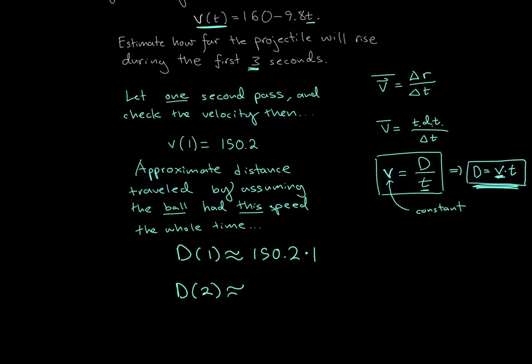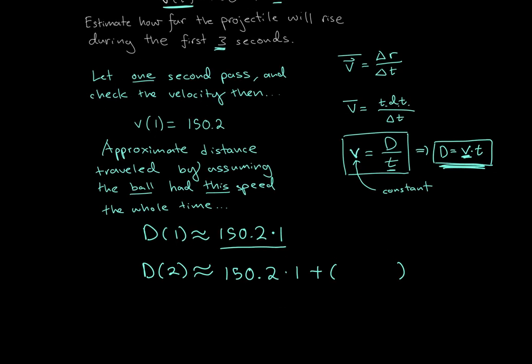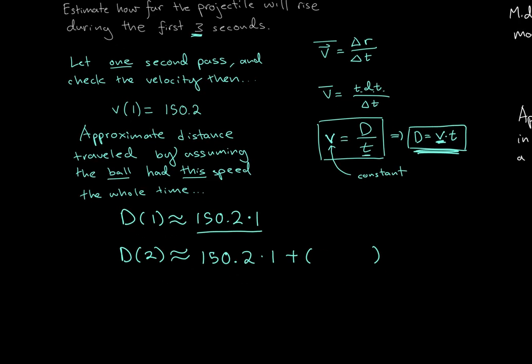Now, if we wanted to approximate as accurately as possible how far this guy travels in the second, what we would do is first add up how far it traveled in the first second. So we would have 50.2 times 1, and then add to it the speed of the ball at 2 seconds, right?